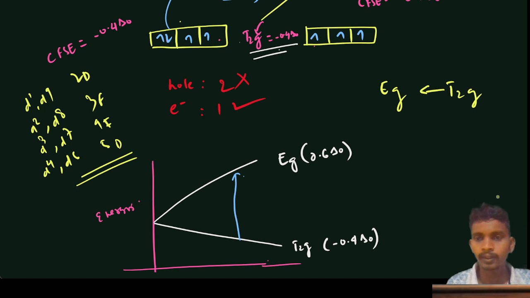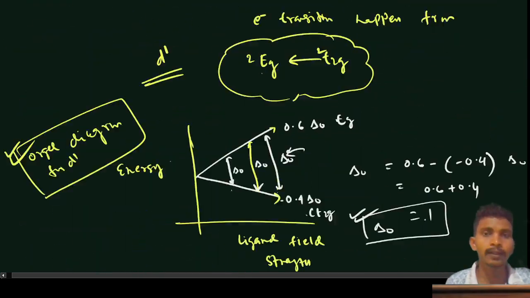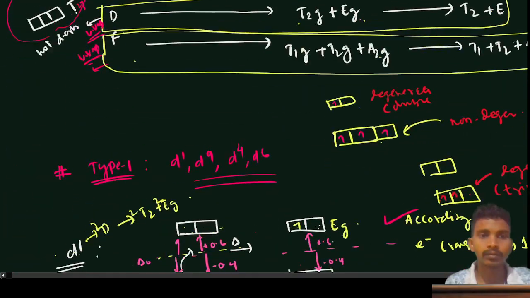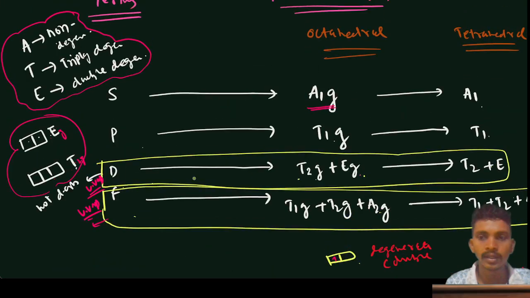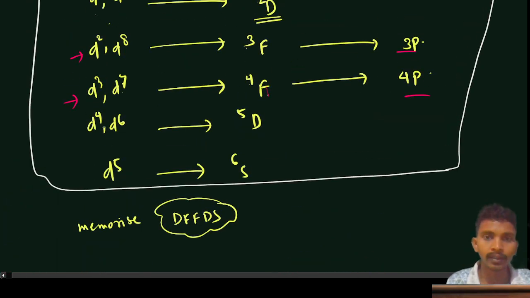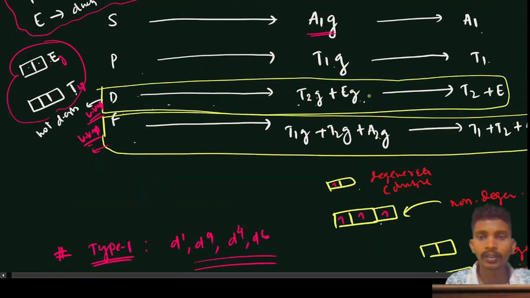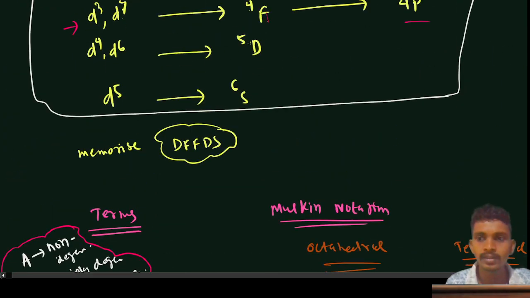So this is d5. So d5 has Eg and T2g. Why am I doing these things? I've already told that d4 and d6 have D, and if it is D, the value is T2g to Eg.